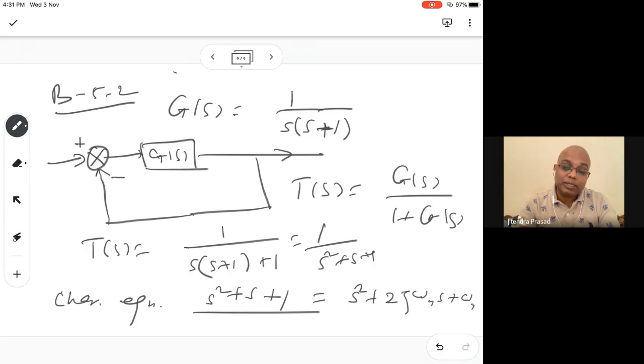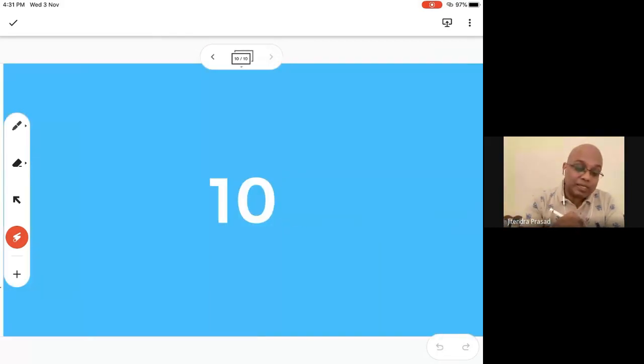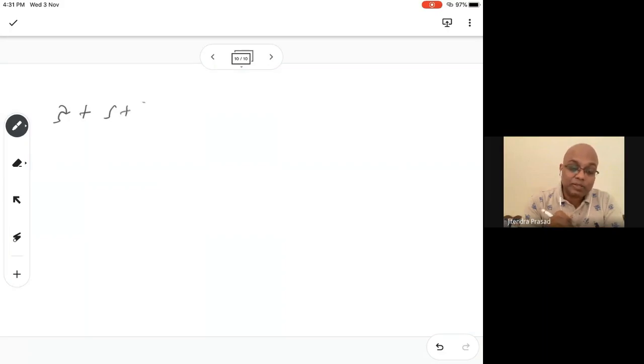So hence you know that omega n in this case is equal to 1, and simply you can find out what the other things are. So we have S square plus S plus 1 equal to S square plus 2 zeta omega n s plus omega n square, and you know that omega n equal to 1.